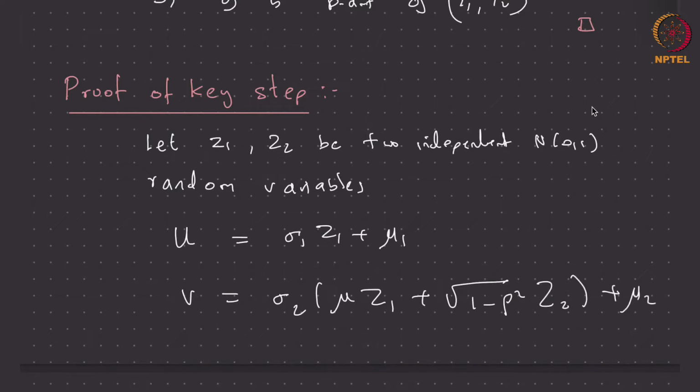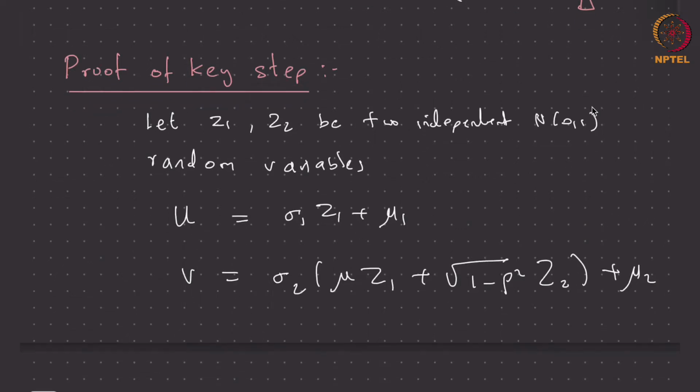So these are two definitions of U and V that we will use. And we use random variables U and V to compare the probability of y1 less than or equal to a and y2 less than or equal to b.